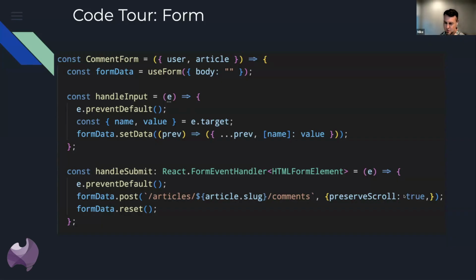And this little trick, preserve scroll true, lets you make changes to the page you're currently on, knowing that it's going to be redirected back to anyway, and preserve the scroll position. So it feels like you're not navigating away. So we'll see that in action in a sec.